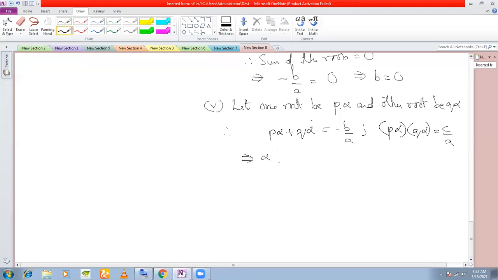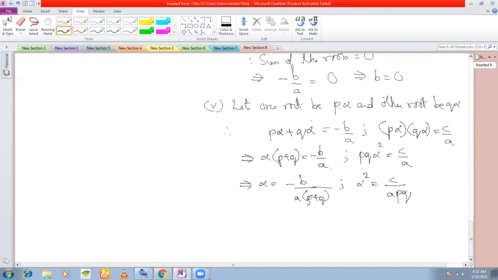If you take alpha common from here, you get alpha times p plus q is equal to minus b by a. And from here, you get pq alpha square is equal to c by a. So from here, you get alpha is equal to minus b by a times p plus q. And from here, you get alpha square is equal to c by a p q.